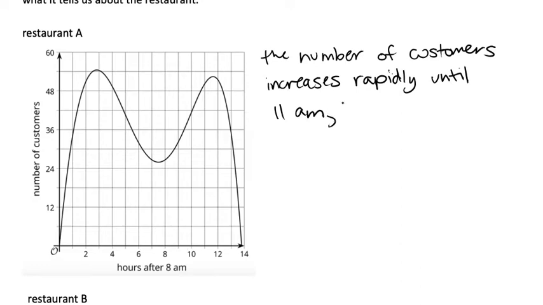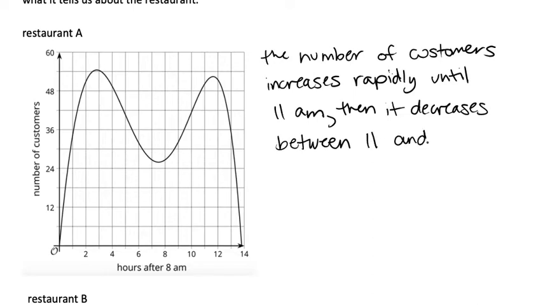So then it decreases between 11 and 3:30 p.m. And then the graph starts increasing again, but it's not increasing quite as rapidly as it was at the beginning. So people are coming in at a higher rate at the beginning of the day than they are after 3:30.